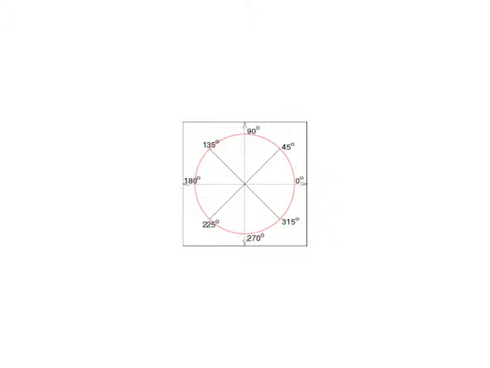Okay, so let's take a look at this copy. We know that 45 degrees is pi over 4. Since pi over 4 is 1/4 of pi, I'm going to count by fourths. So that would be 1/4 pi. This would be 2/4 pi.